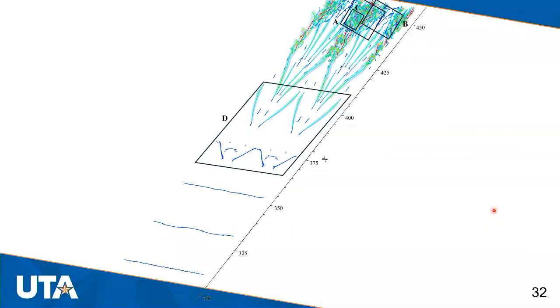So let's see some results. This is a flat plate flow, a turbulent transition. The early stage is a TS wave.